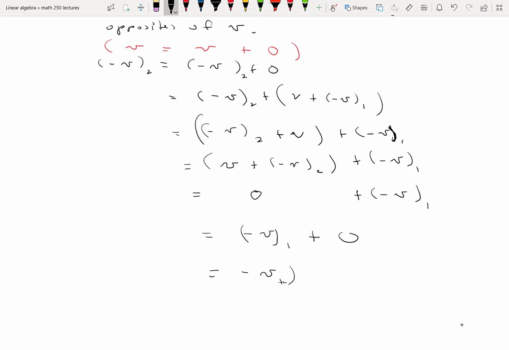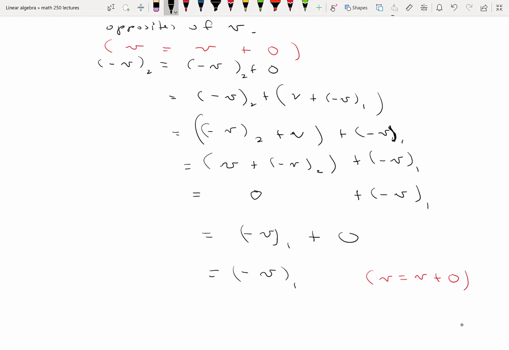Oops. I keep moving my parentheses in the wrong place. And this equals the opposite of V1. Why? Because V equals V plus 0. So the opposite of V1 plus 0 equals the opposite of V1. Done.